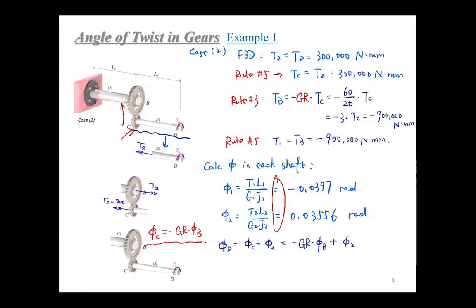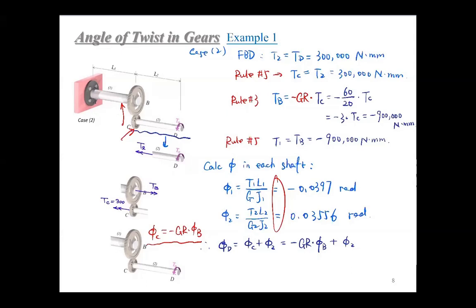Phi C and phi B, which one is larger? C is a larger gear, B is a smaller gear. Phi C is larger because it's a smaller gear, right? So should this gear ratio be 3 or 1/3? 3. Great.